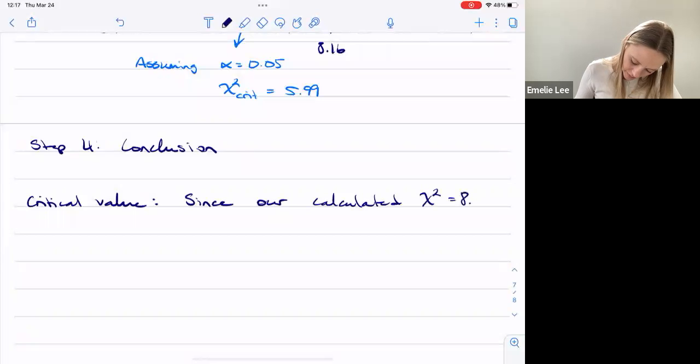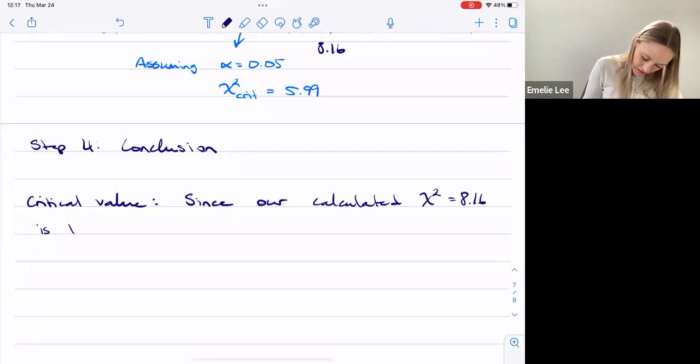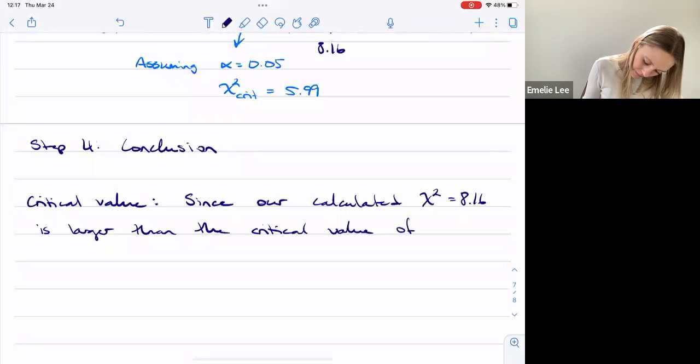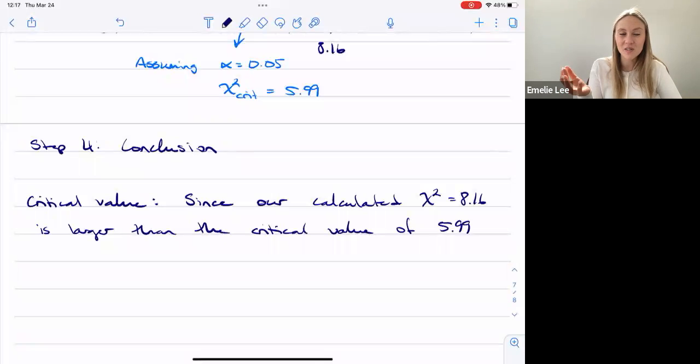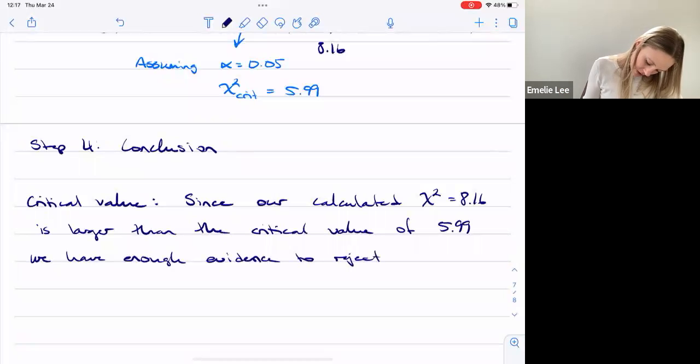So since our calculated chi-squared of 8.16 is larger than the critical value of 5.99, we have enough evidence to reject H0 in favor of HA.